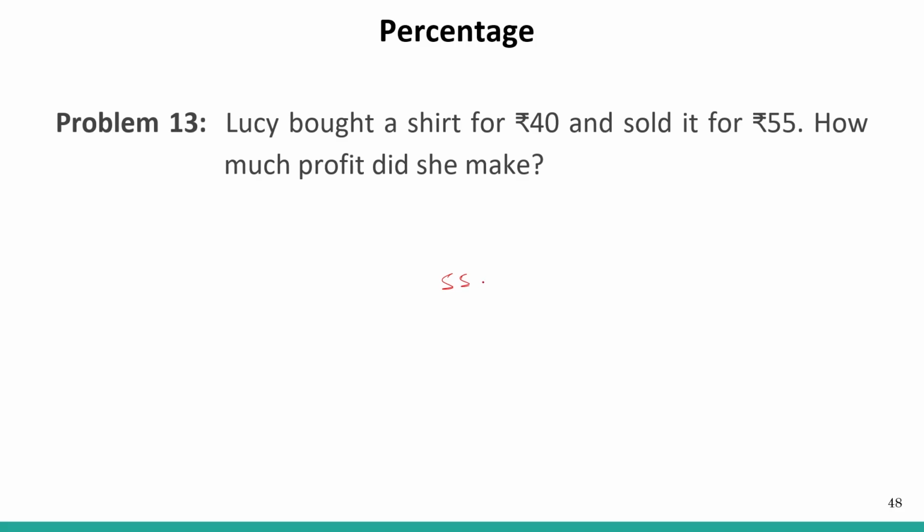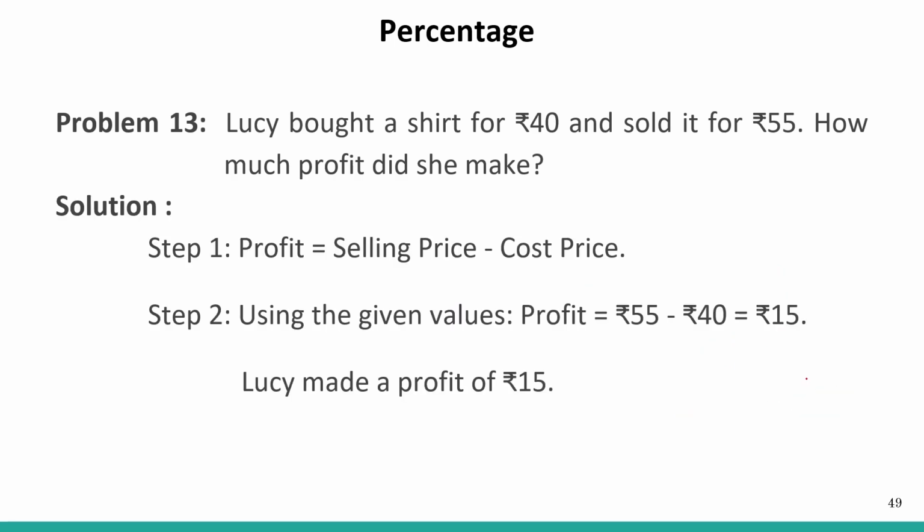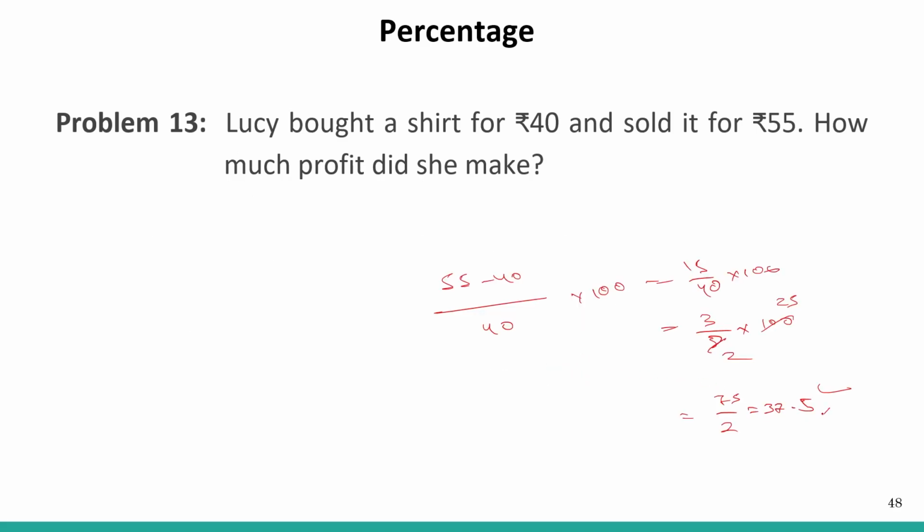So (55 minus 40) by 40, into 100, is equal to 15 by 40 into 100, that will be equal to 3 by 8 into 100, which is 75 by 2, equal to 37.5. That is the answer. So she made 37.5 percent as profit.